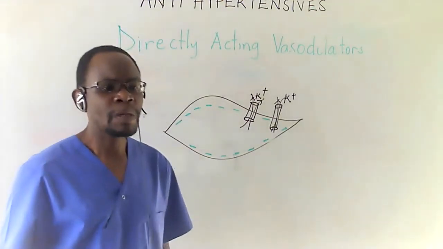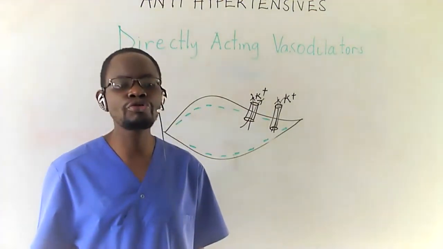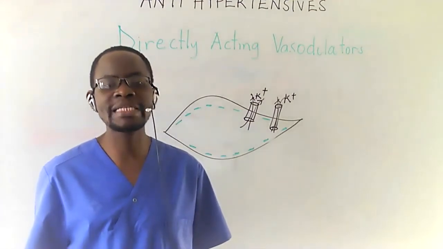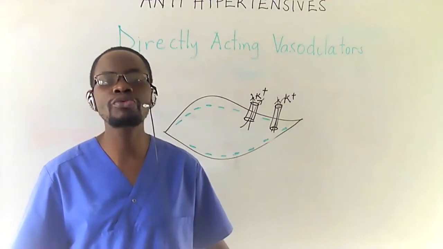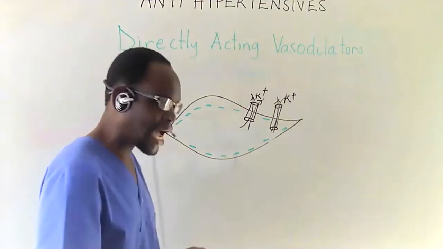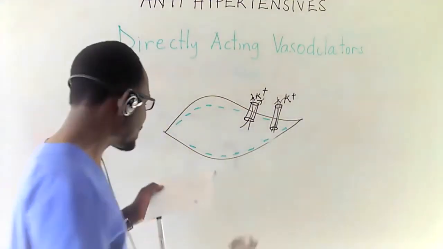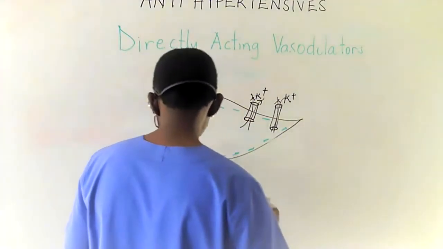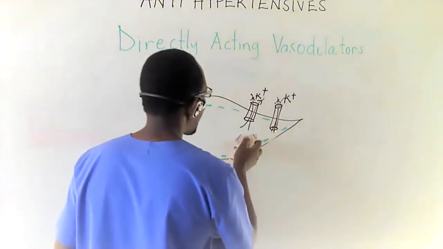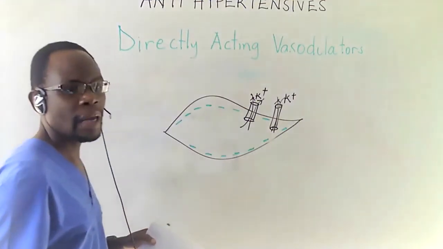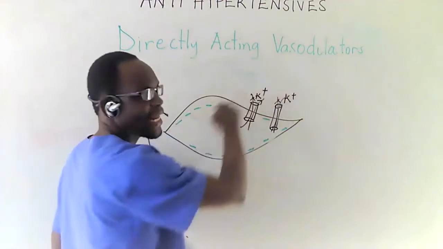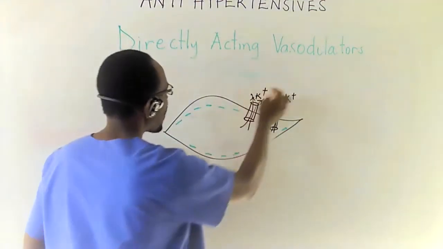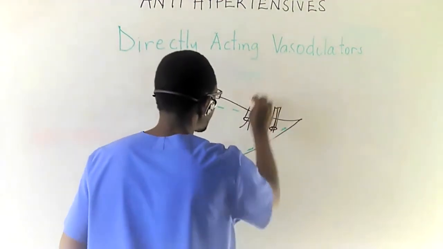Therefore, because it is unable to be excited, it will continue relaxed and dilated. That is basically how minoxidil and diazoxide bring about vasodilatation.